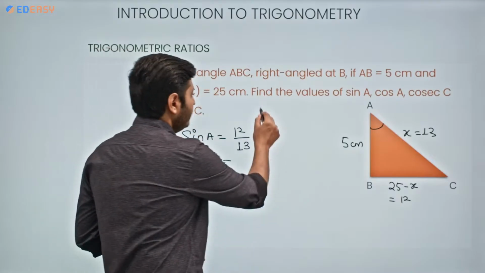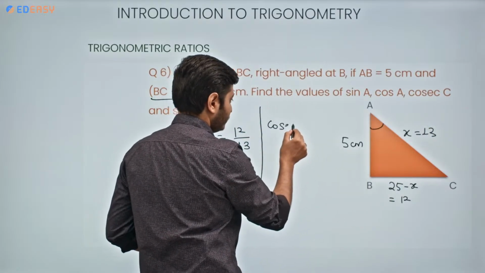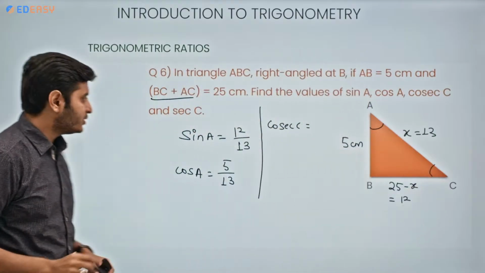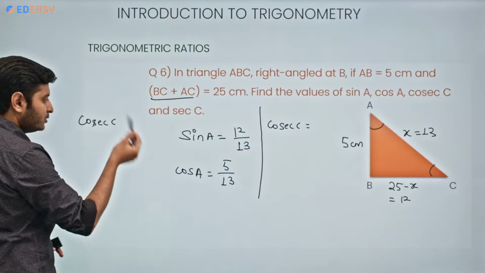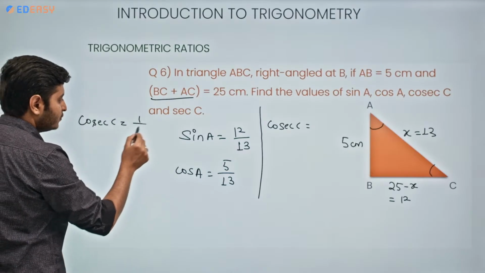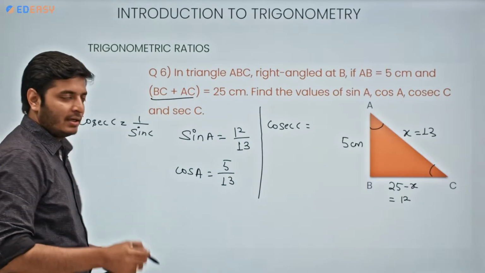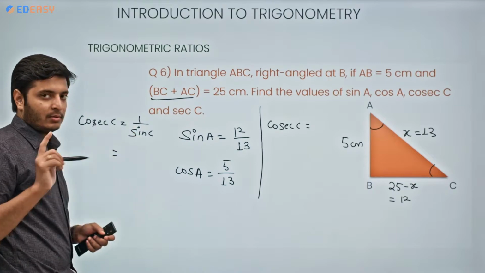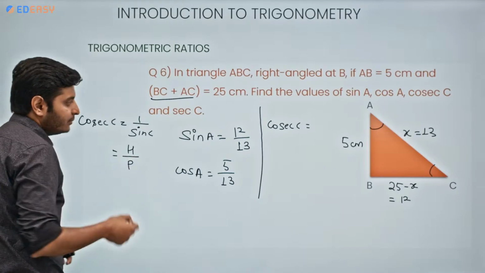Now we need to find cosecant C. So it means we are referring to this angle now. Cosecant theta or C would always be equals to 1 by sine C. It means reciprocal of sine C. Sine is perpendicular by hypotenuse. 1 by sine C would become hypotenuse by perpendicular.